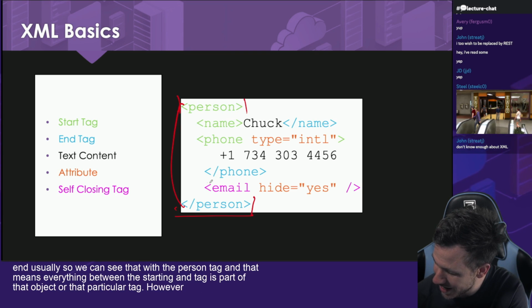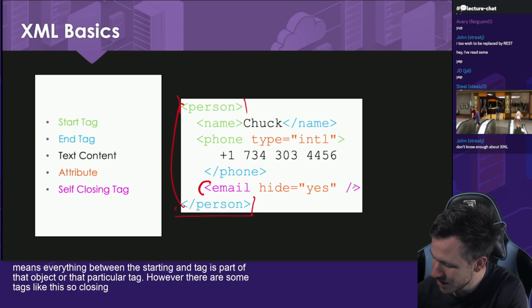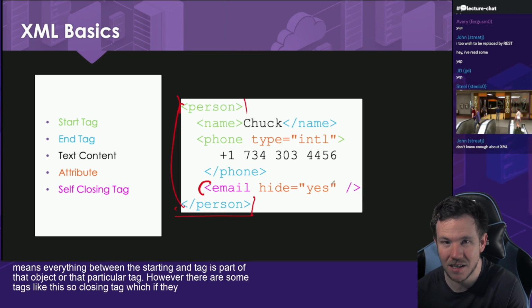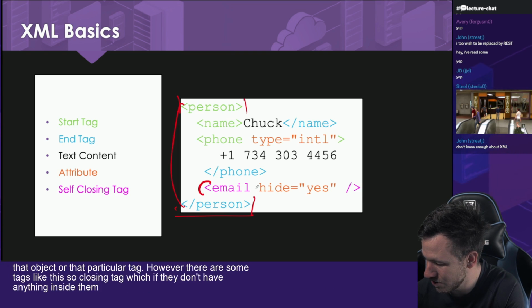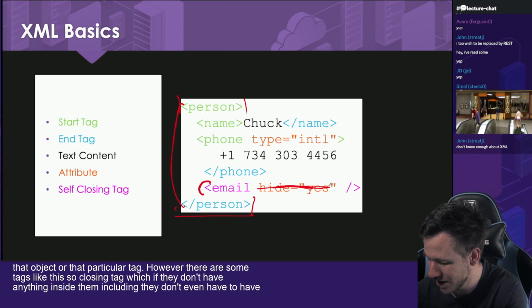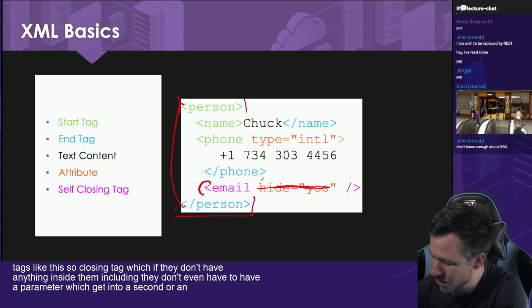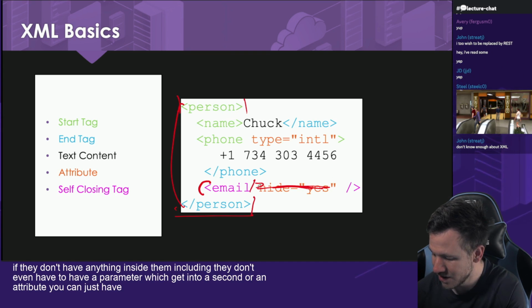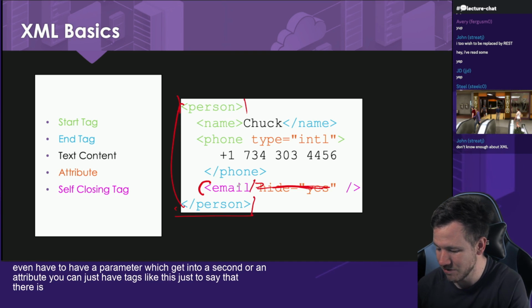However, there are some tags like this self-closing tag, which if they don't have anything inside them, they don't even have to have a parameter, which we'll get into in a second, or an attribute, you can just have tags like this, just to say that there is an email element in there.